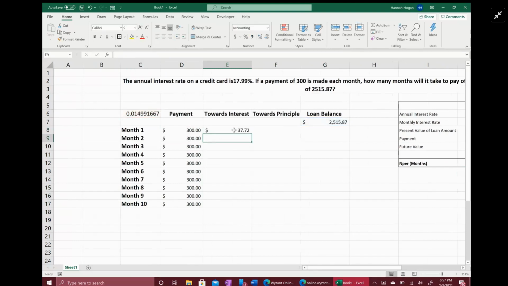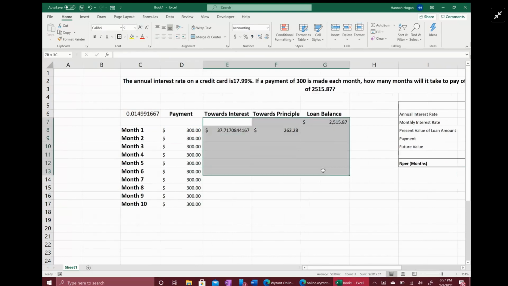And then enter. So that's how much you would expect to go towards interest. And if you paid $300, what's left after interest is what went towards principal. So you click the 300 minus the amount that went towards interest, and that's the amount in principal.